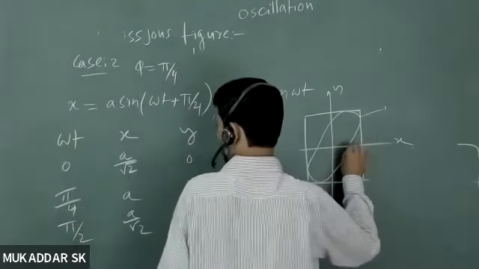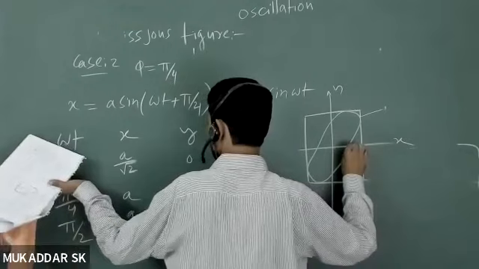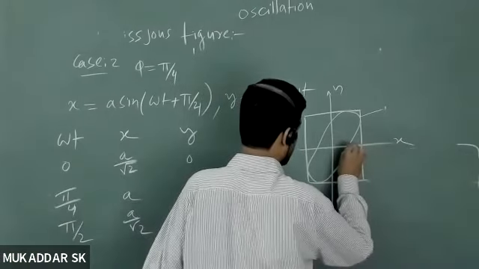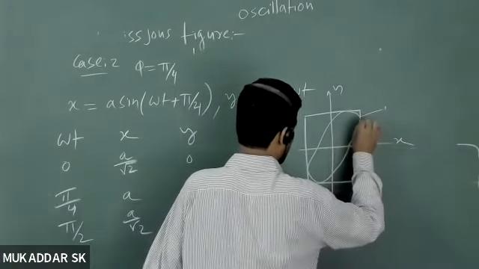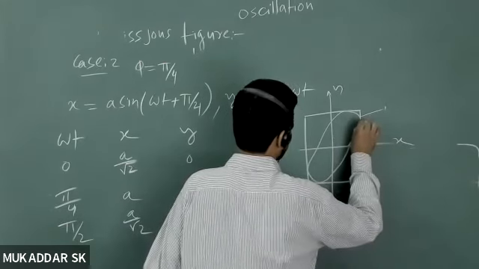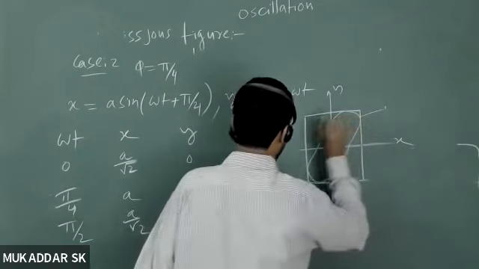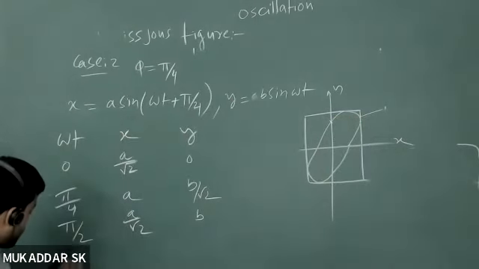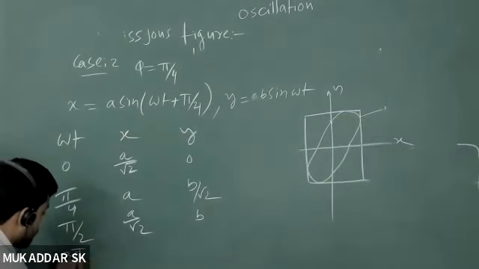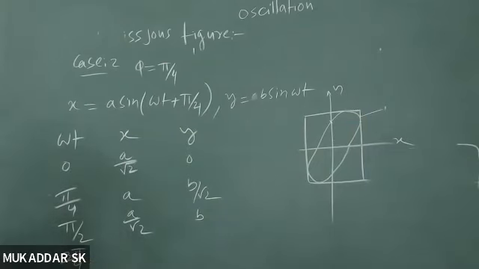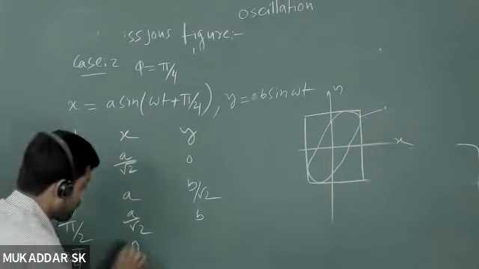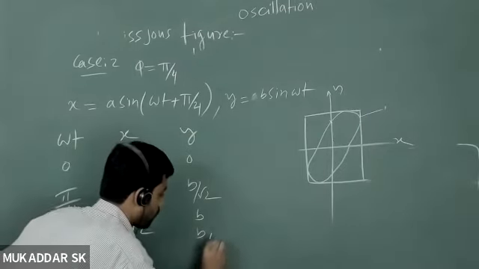When time t, that is omega t, equals 0, the particle's position was here. At pi by 4 it came here, then at pi by 2 it came here, then if you take 3 pi by 4 this point will come. Look, if you take 3 pi by 4 at this point, how much will x be? X will be 0, y will be b by root 2.